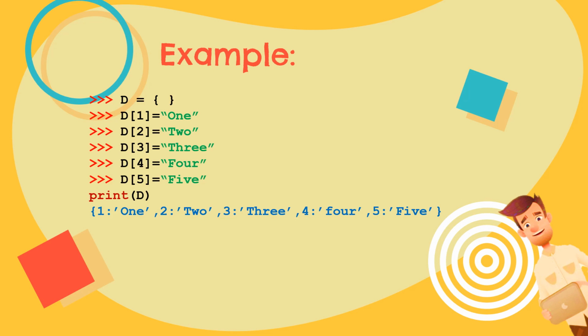The dictionary name in square brackets with the key, then equal to the value associated with that particular key, given in quotes. So these are the methods to create a dictionary.